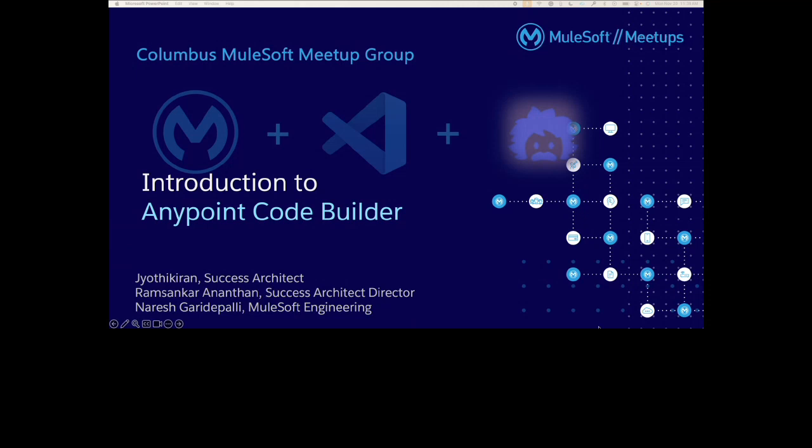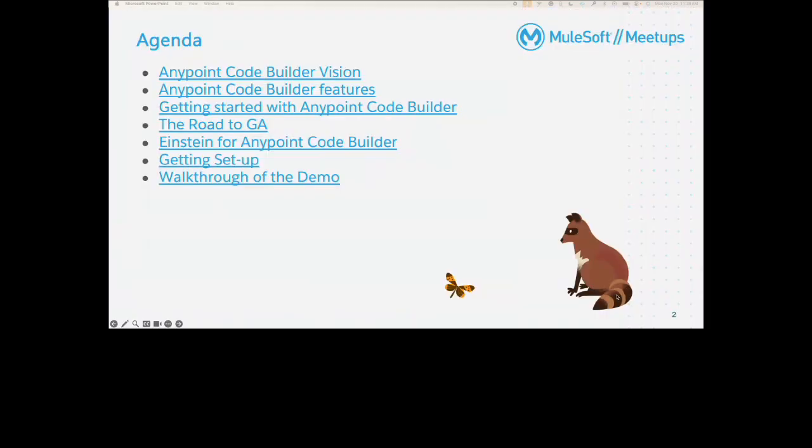So we'll start with the agenda here. Now that we have set the stage, let's delve into the nitty gritty of our Anypoint Code Builder journey. Here is a sneak peek into what we are covering today. First is the Anypoint Code Builder vision. We'll kick things off by painting the big picture, understanding the vision behind Anypoint Code Builder.